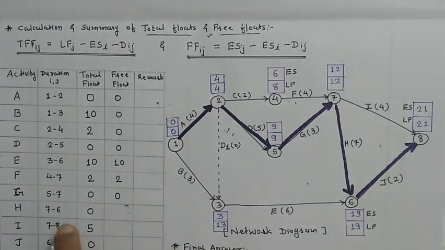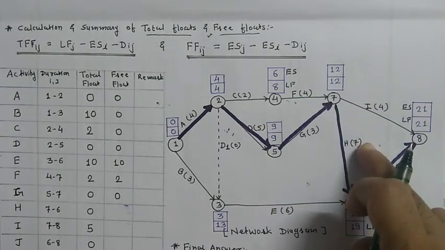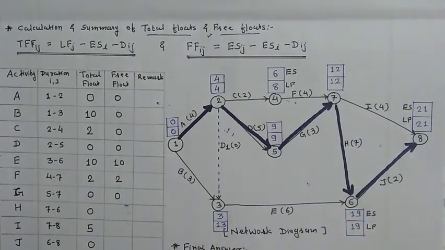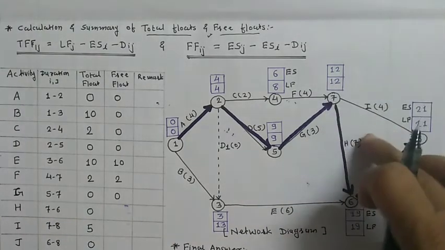Now 7 to 6, 19 minus 12 minus 7 is equal to 0.